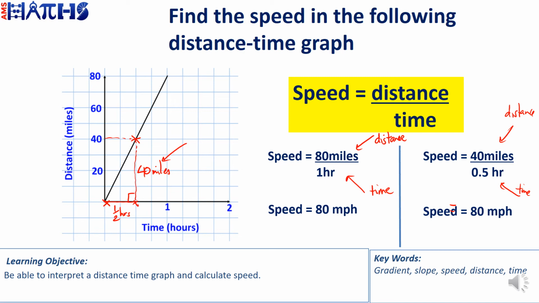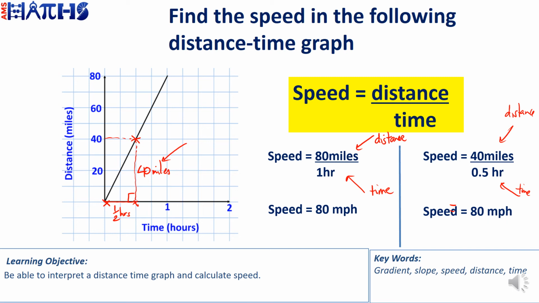It doesn't matter the right angle triangle that we use, as long as we have the correct height of the right angle triangle and divided by the correct time for the right angle triangle, then we can divide them and get the speed. Now our speed is going to either be in miles per hour or kilometers per hour.